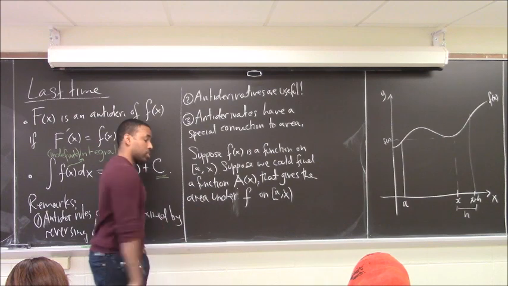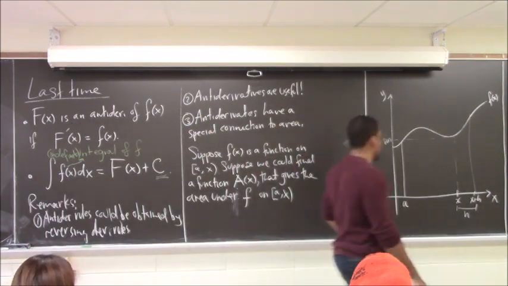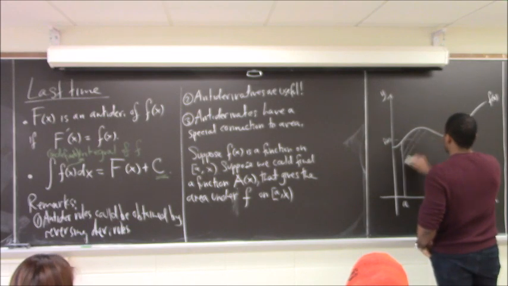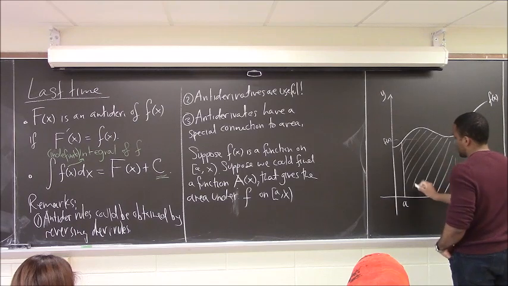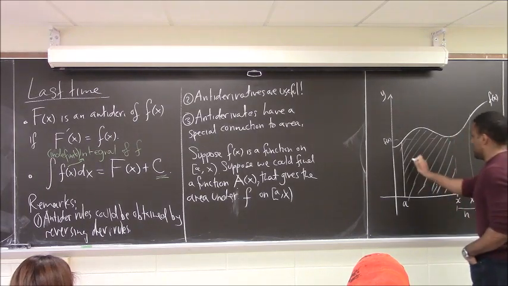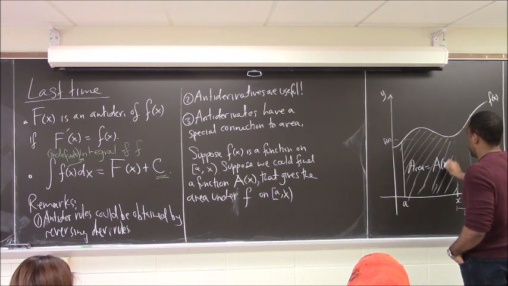I'm not going to say such a function exists, I'm not even going to tell you how to compute it at the moment, but let's pretend that we could actually do that. Let's suppose there was a formulaic way to measure the area under this curve, and the area is going to be given by A of x.